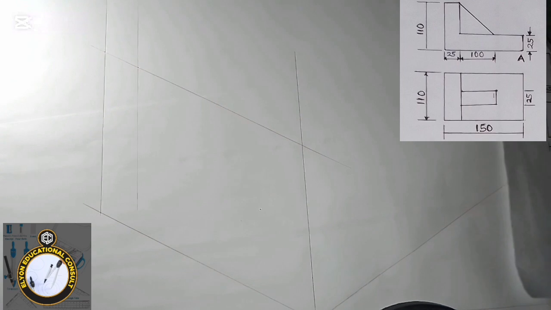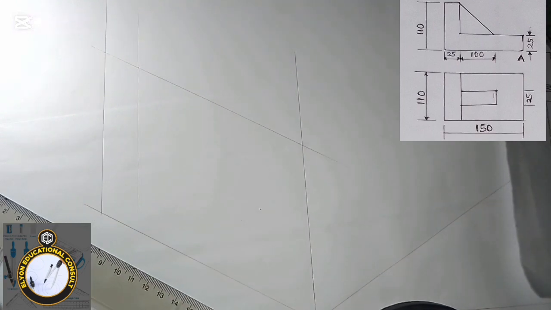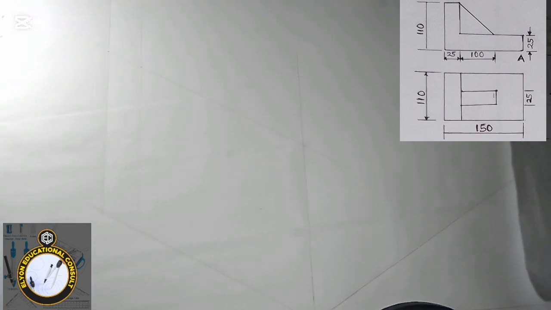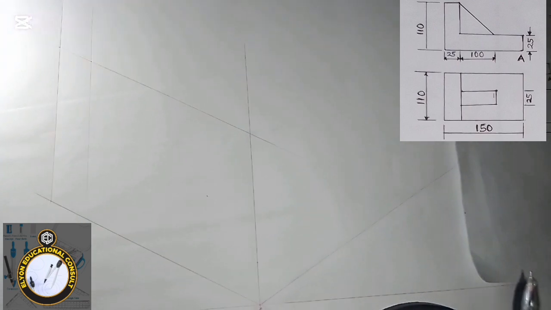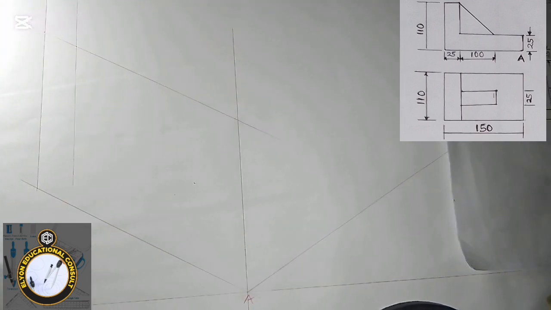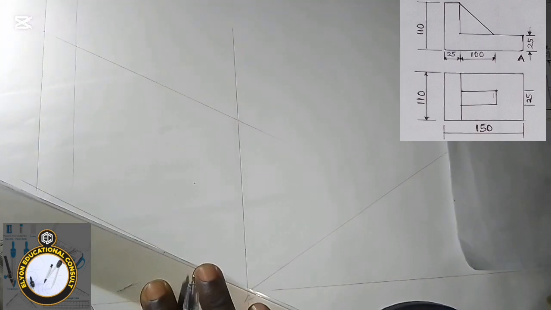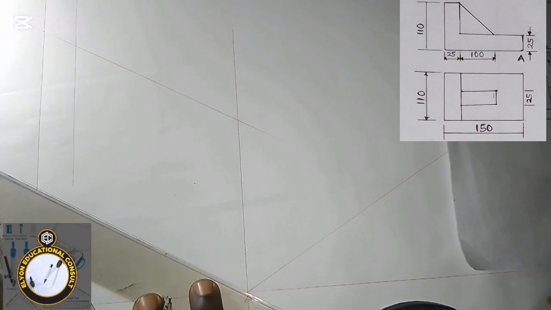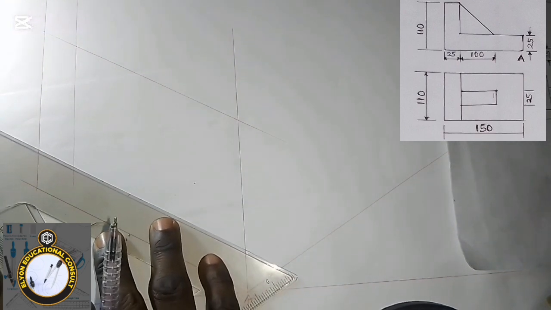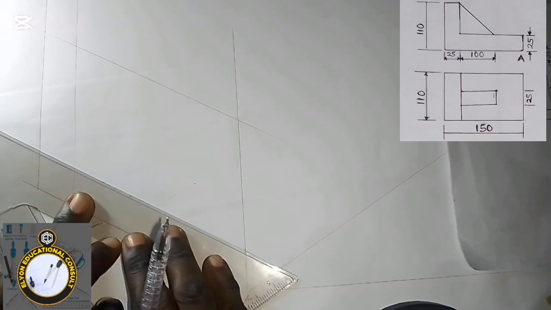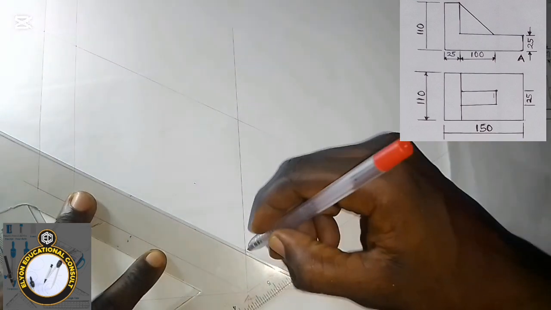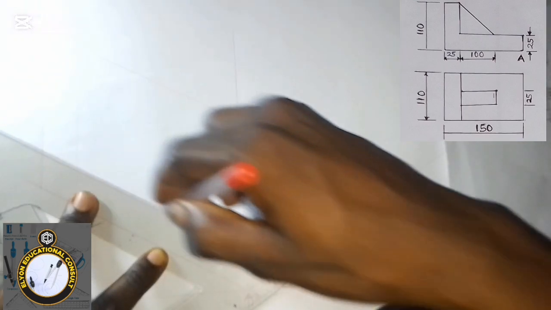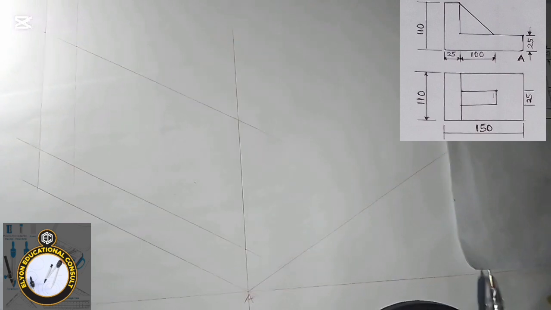From here I will draw another receding line. We are going to be drawing that now from here. So we have this. I hope we can see that.